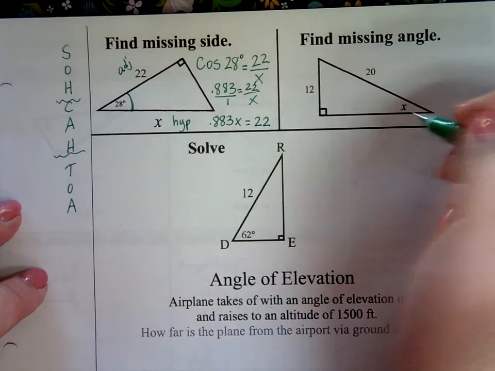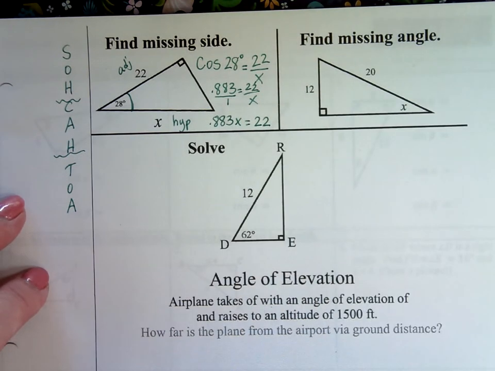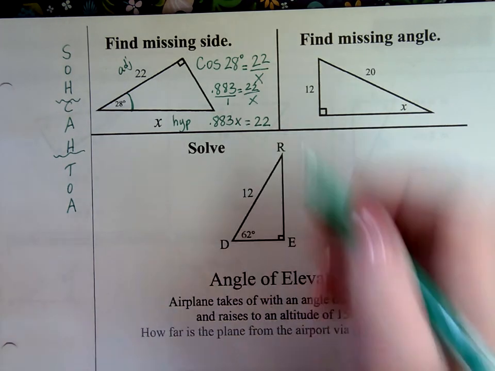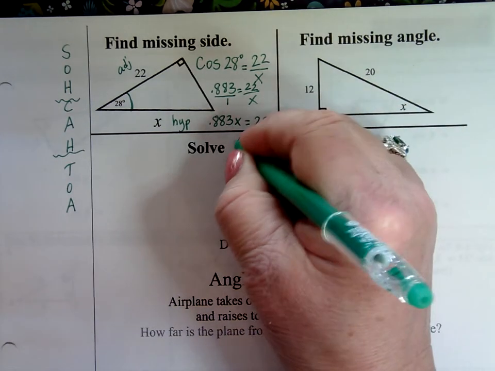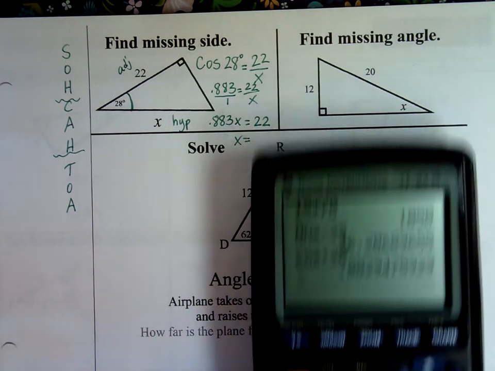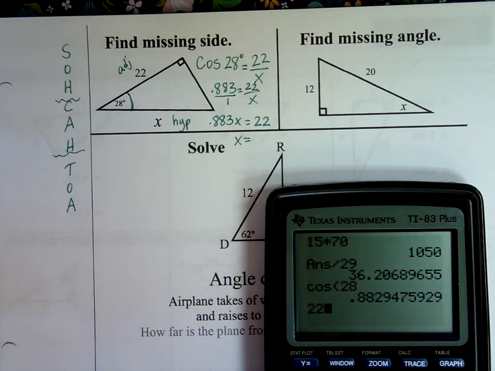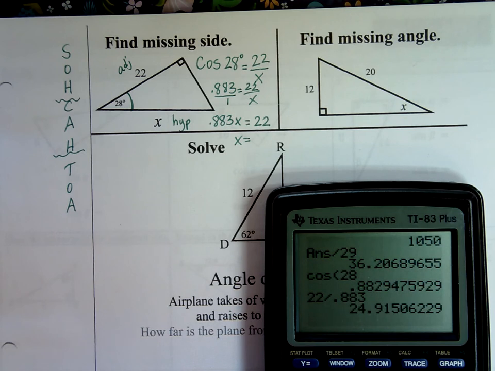That sets it up for you pretty nicely, so you'll know how you're going to solve this. Really what you want to do is take 22 and divide it by 0.883, and that's going to tell you what x actually is. So let's do that. If I take 22 divided by 0.883, I get 24.91.